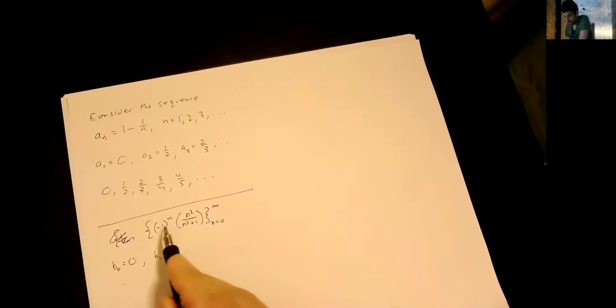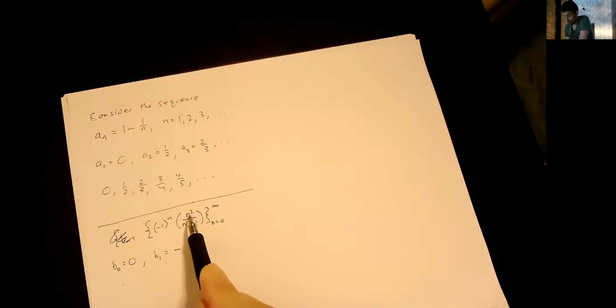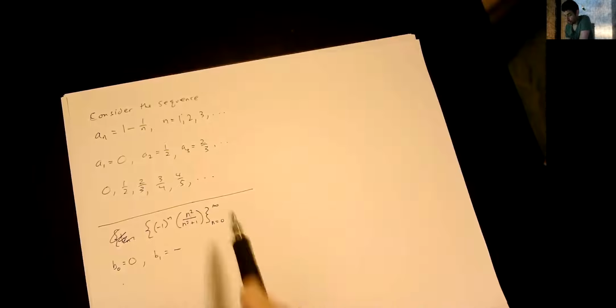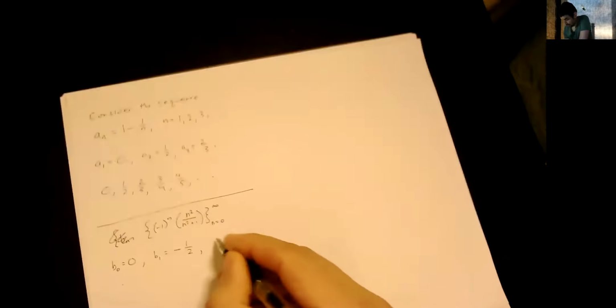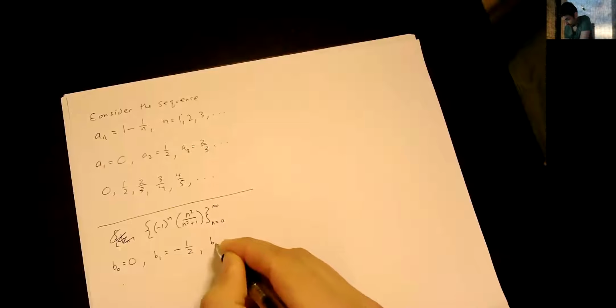B1, -1 to the 1 is -1, so I'm going to have a negative in front of whatever I get. Then I'm putting in 1 for n here. I get 1 squared over 1 squared plus 1, so negative 1/2. Let's look at B2.